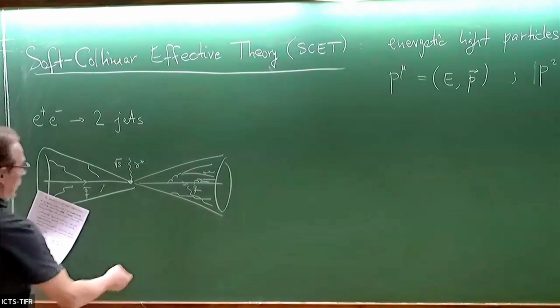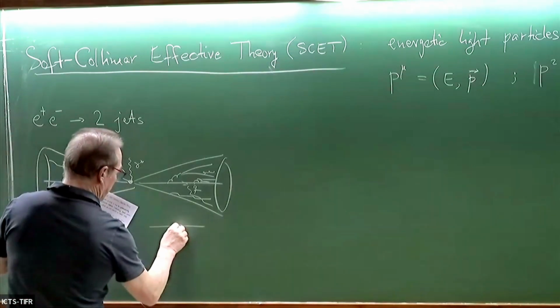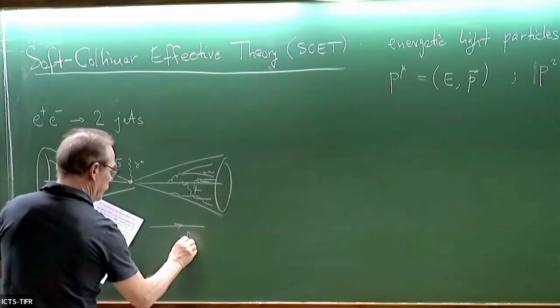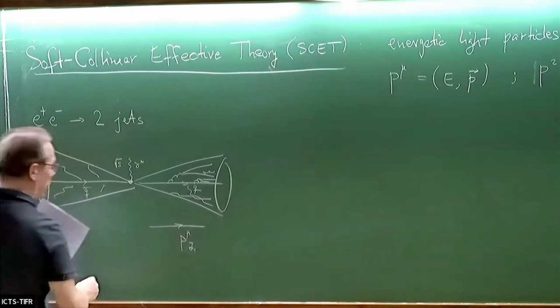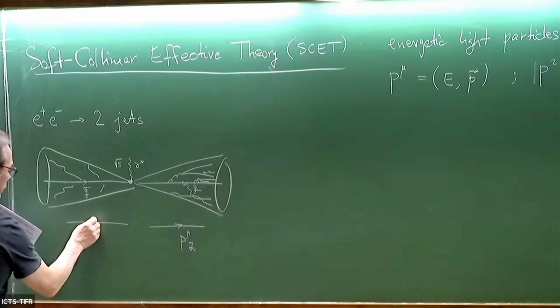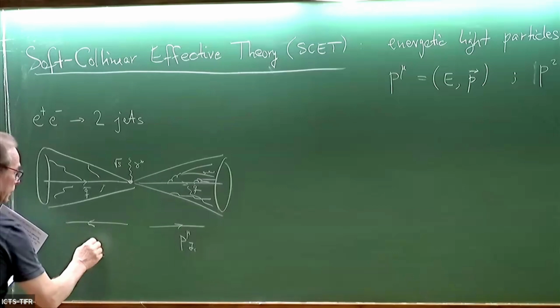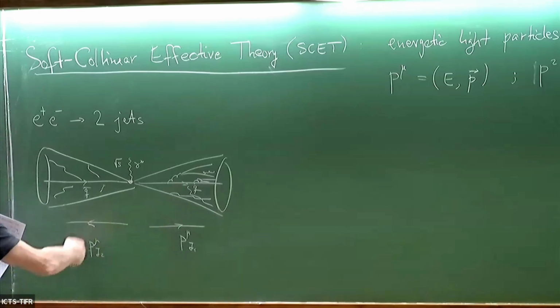So we build up these jets of outgoing particles. Of course, we can assign a total momentum to the first jet, jet 1, and a total momentum to the second jet, jet 2, going in the opposite direction, and we can also align the jet axis with the z axis.